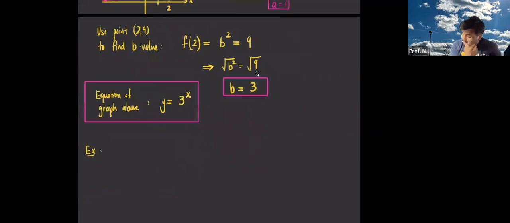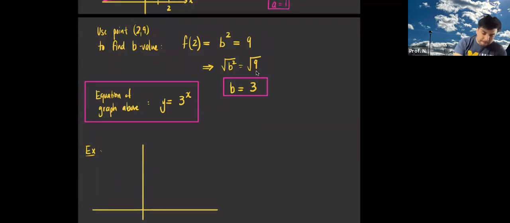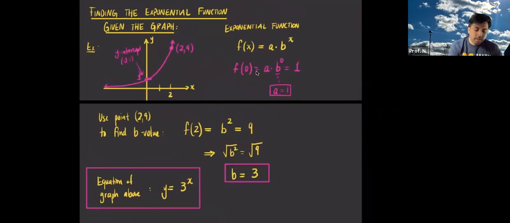So what if I have something like this? The a value here represents the y coordinate of my y-intercept.